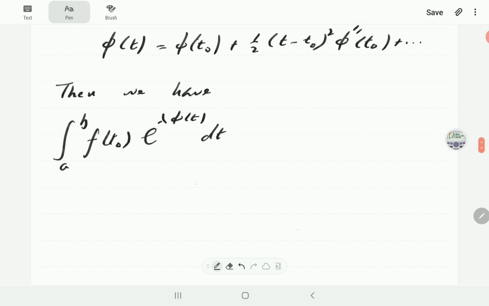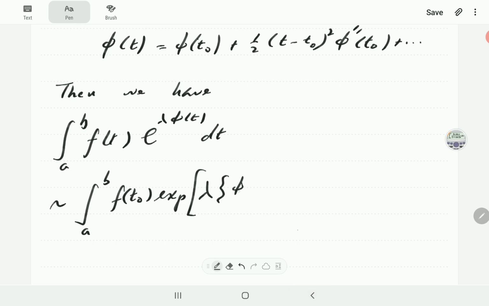Now if we just do the leading order expansion of f at t naught, it's just going to be f of t naught, and then in the exponent we're going to have lambda times phi at t naught plus 1/2 (t minus t naught) squared phi double prime, dt.